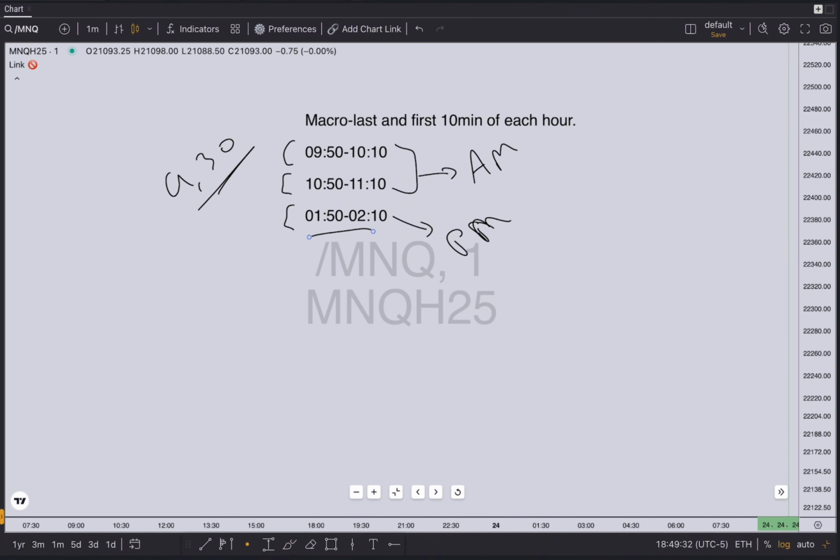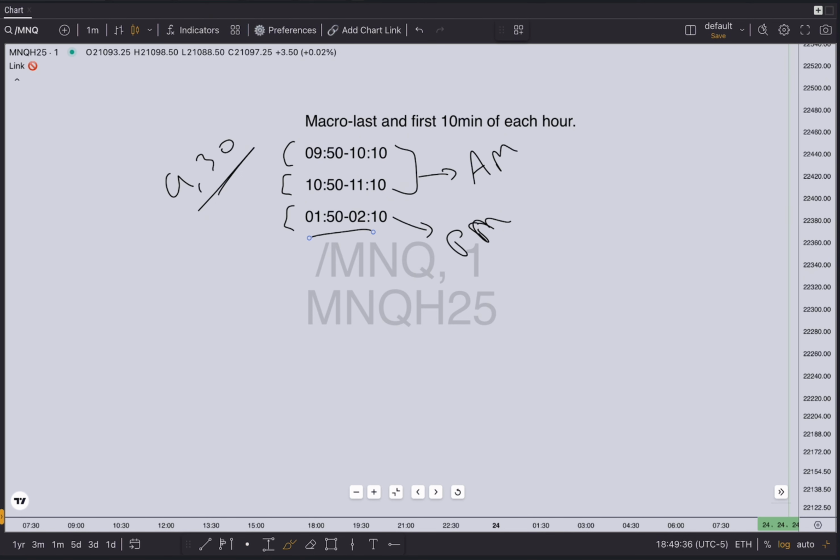Now, before we start, out of these three, the two that we use the most are the first two, the 9:50 to 10:10 and the 10:50 to 11:10. The reason is usually we do not want to be trading the PM session, simply because out of these three, the movement is the least in the PM session. That's number one.